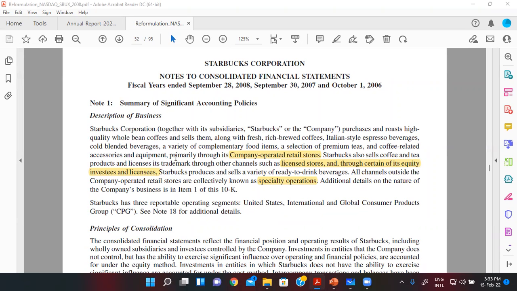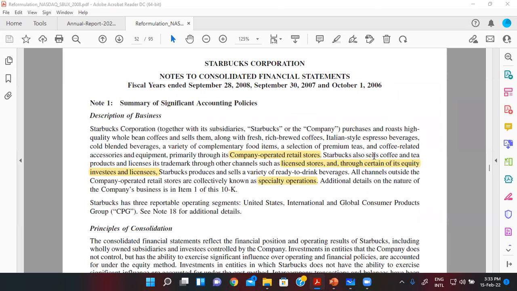So you see, these are the items they sell, primarily through company-operated retail stores. Retail is their primary business. This is the first line item under the net revenue.